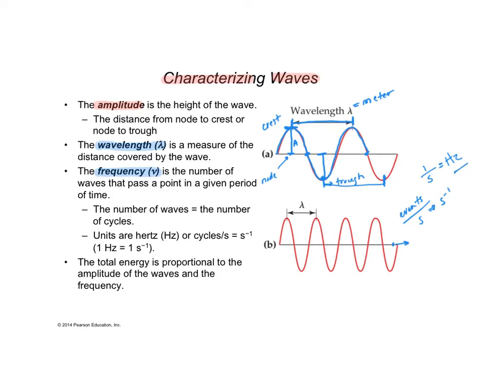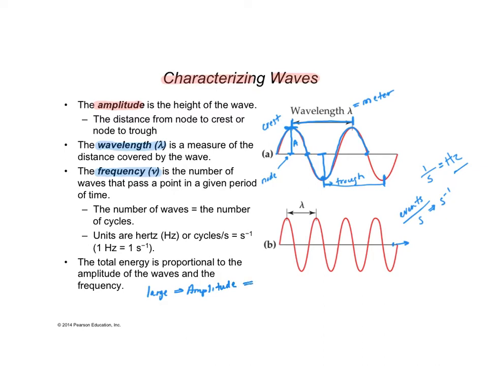Okay, so if you think about waves and their various characteristics, so amplitude, wavelength, frequency, if we wanted to think about the energy of a wave, there are two different things that are going to go into the total energy of a wave, right? So let's say that you're out in the ocean and a wave hits you, right? The larger the wave, which is going to manifest itself as the amplitude, the larger the amplitude.